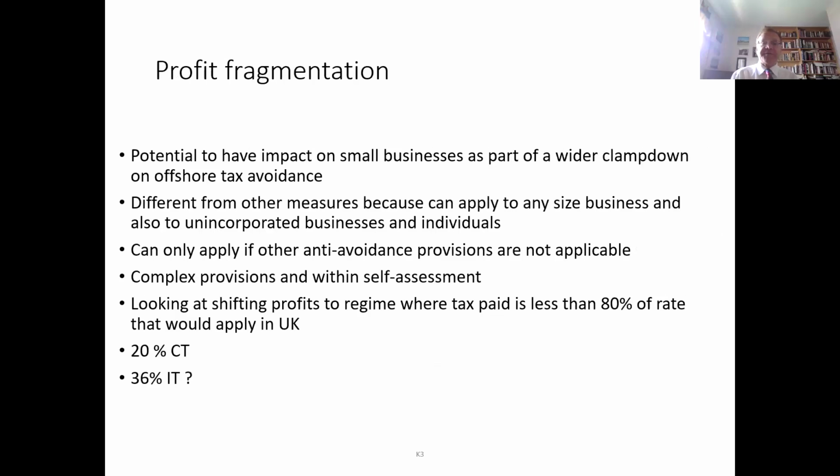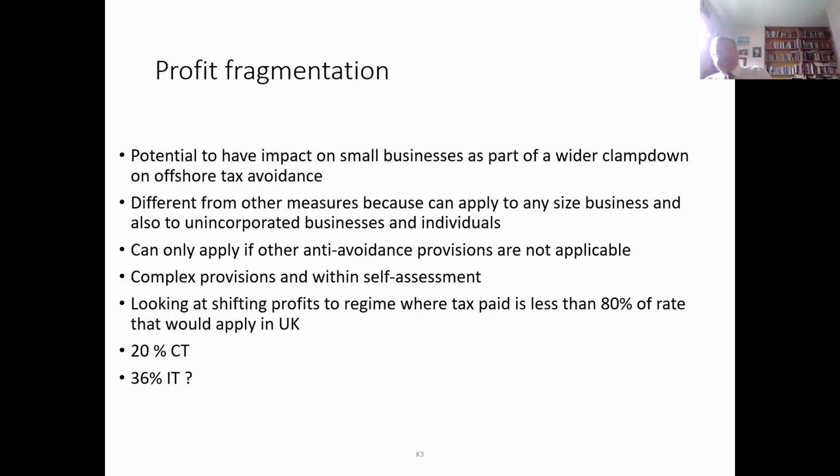The potential is to have an impact on small businesses as part of a wider clampdown on offshore tax avoidance. It is different from other measures because it can apply to any size business, but also to unincorporated businesses and individuals. It can only apply if other anti-avoidance provisions are not applicable.